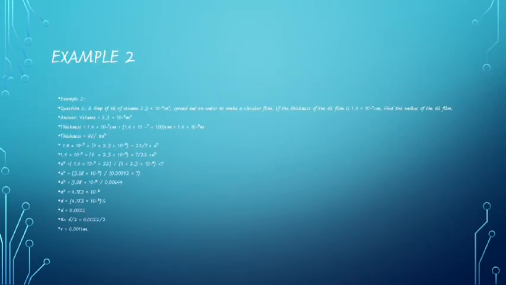Now from that, remember the formula for the thickness is volume divided by area. Volume given to us is 2.3 times 10 raised to the minus 4. Then we find the area using pi r square, or you can use pi d square over 4.